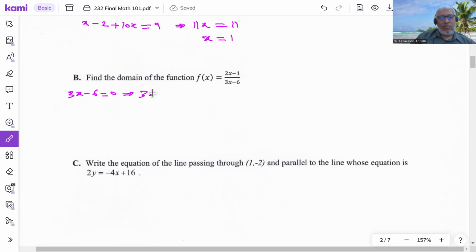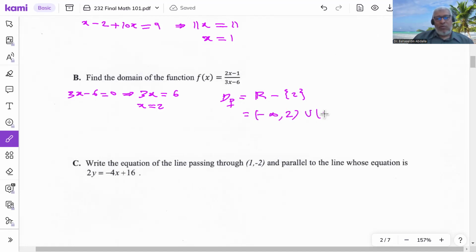How to find this number? I solve the equation. I take 6 to the other side. I divide by 3. So the number that makes the denominator 0 is 2. So the domain of f would be all real numbers except this number, which is 2. You can also write it from -infinity to 2, union from 2 to infinity.